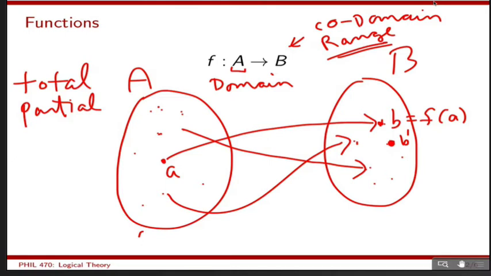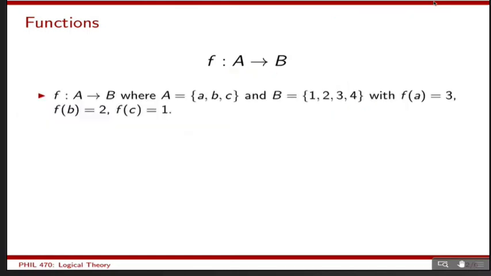So there might be some elements in the domain that are not mapped to anything. Usually, when you talk about a function, you mean that the function is a total function. But throughout the semester, we will have to be careful to note when functions are total and when functions are partial. All right, so let's move on to some examples.